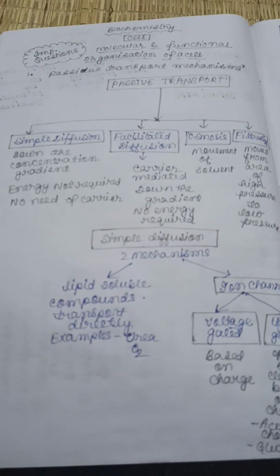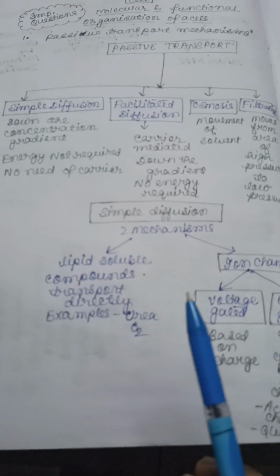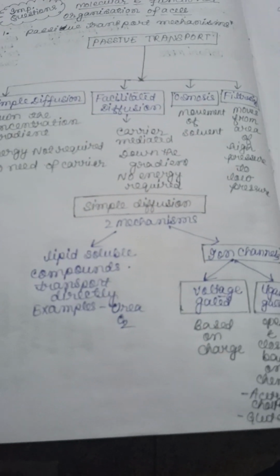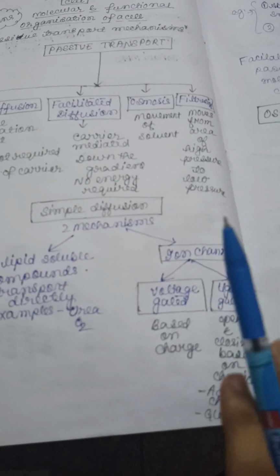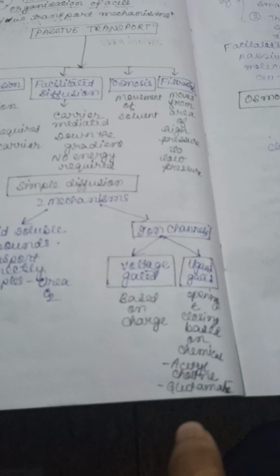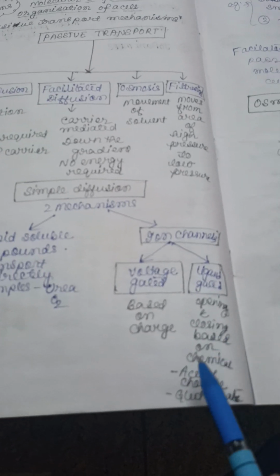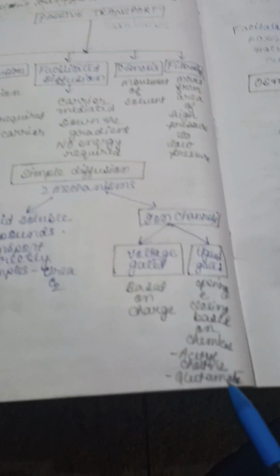Simple diffusion has two mechanisms, that is, lipid soluble compounds transfer directly, example urea and oxygen, and ion channels can be transported through voltage gated and ligand gated. Voltage gated are based on charge and ligand gated are based on opening and closing based on chemicals, that is acetylcholine and glutamate.